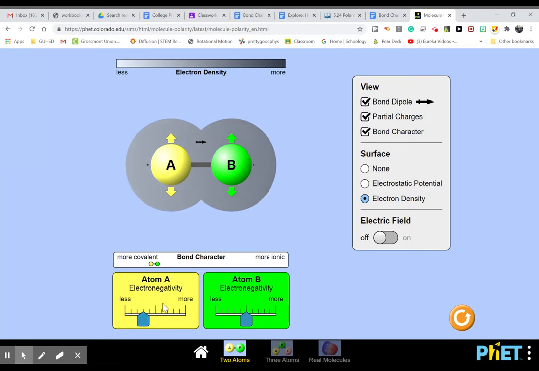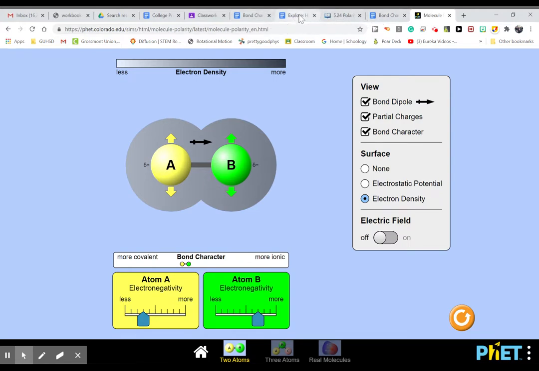What happens to my electron density? What if I change my atom B electronegativity? So you're going to be varying the electronegativities of your different atoms and seeing how that affects your bond character and also your electron density. And I'd like for you to take some screenshots and give me some information in your lab.